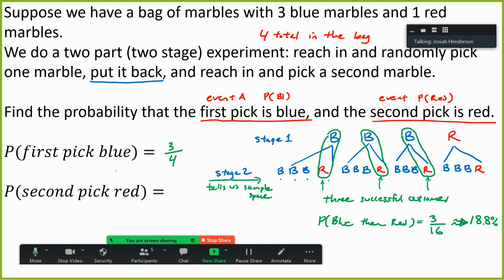So what is just the probability of reaching in one time and getting that red? 1 out of 4, because there's 1 red and there's 4 total outcomes. Look what happens with these two individual probabilities and how they relate to the 3 over 16.